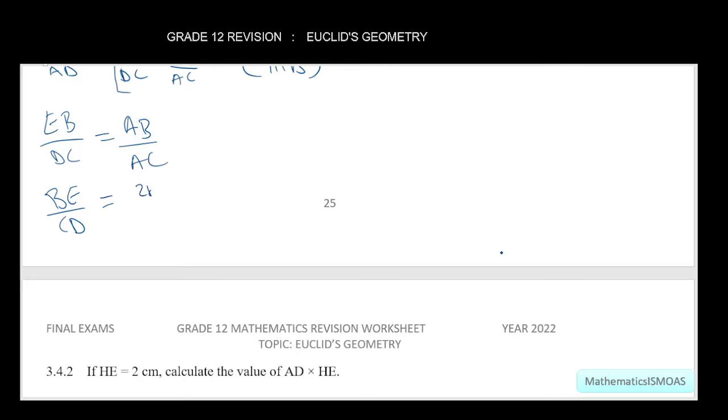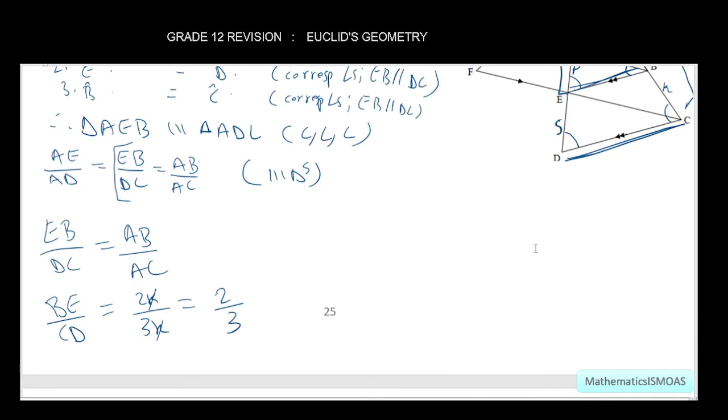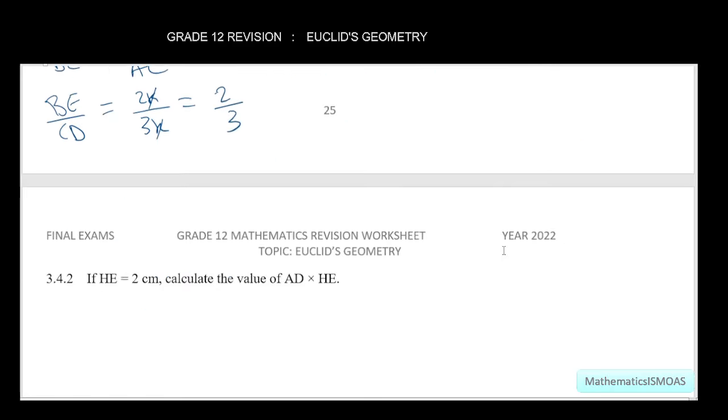AB 2K over AC, 3K, K divided by K is 1, then we are left with 2 over 3. Therefore, the ratio BE to CD will be equal to 2 to 3.